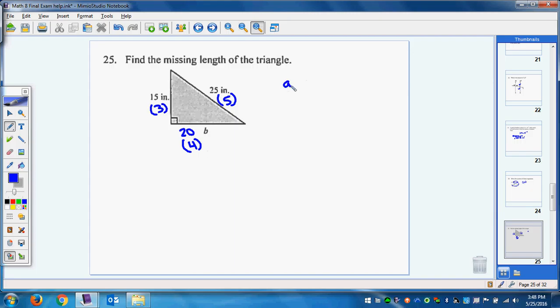If you had to, again, you can do your Pythagorean theorem. A squared plus b squared equals c squared. The c is the hypotenuse, which would be the 25. The a squared, whichever one you want, 15. We're going to keep the b, I guess, the b.